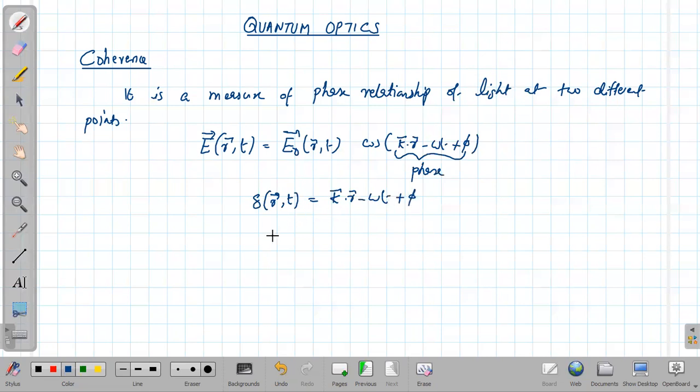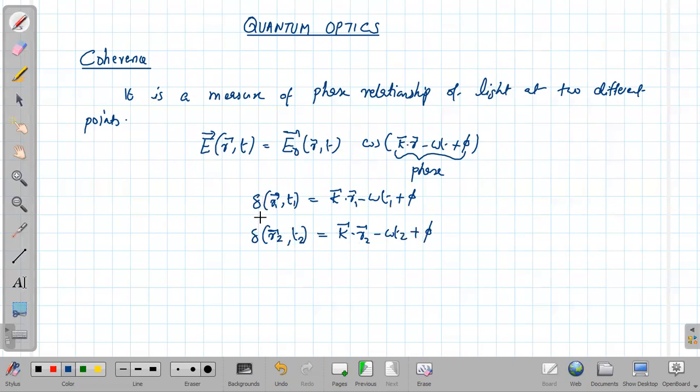Now if you take two different positions, r1 and r2, at the same time, or it need not be the same time, it can be a different time as well, t1 and t2, then the phases become k dot r1 minus omega t1, and k dot r2 minus omega t2, with the phase constant phi.